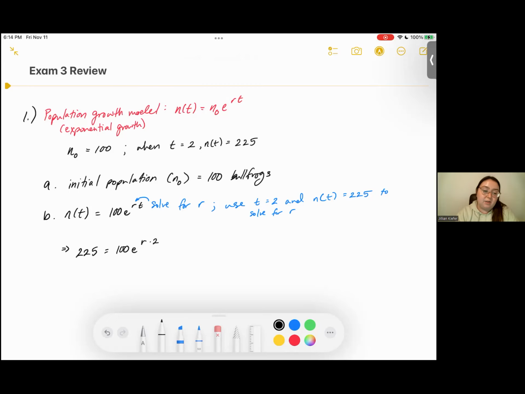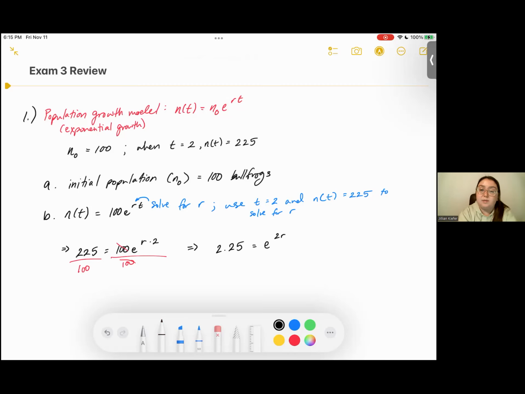So we have 225 equals 100 times e to the power of r times 2. We can go ahead and simplify. We want to solve for the exponential function, so we want to get rid of the coefficient. We're going to get rid of the 100 by dividing on each side by 100. It cancels on the right-hand side there. This will give us 2.25 is equal to e to the power of 2r.